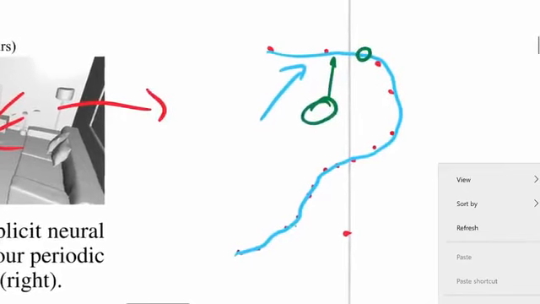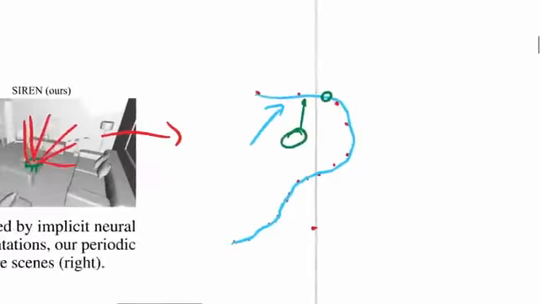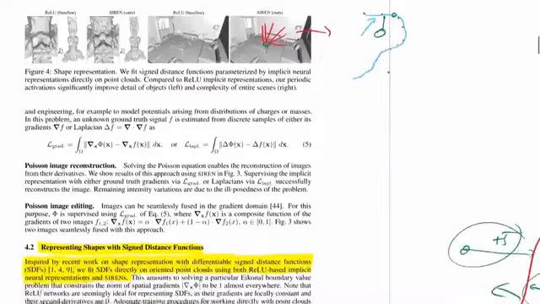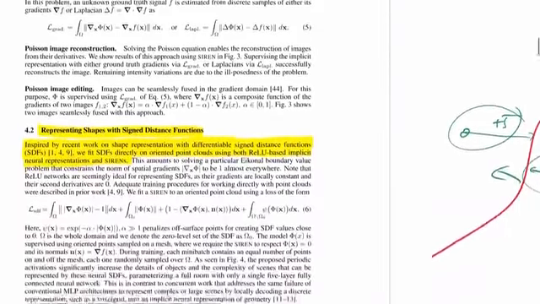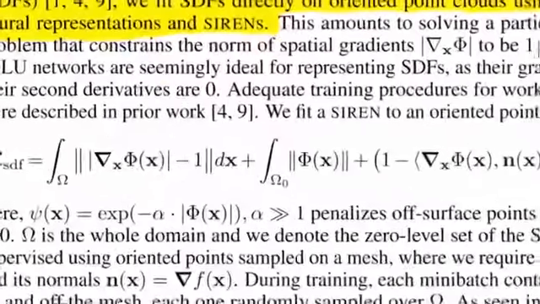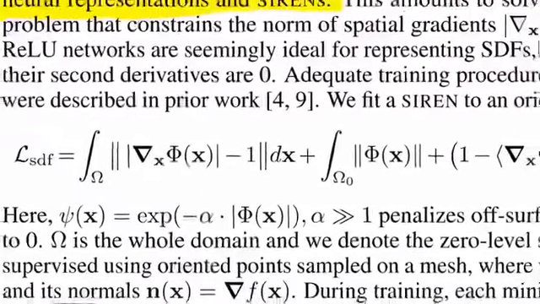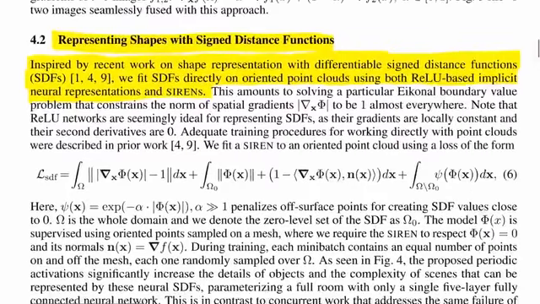So this is a bit more complicated. And since we have the awesome power of these sirens, we can also do more constraints. So we know, and this amounts to solving a particular eikonal boundary value problem that constrains the norm of spatial gradients to be 1 almost everywhere.